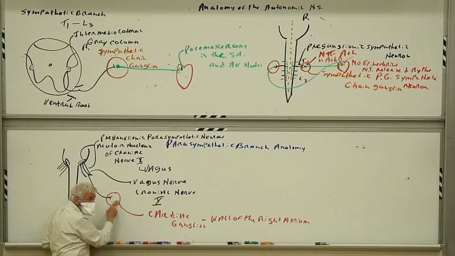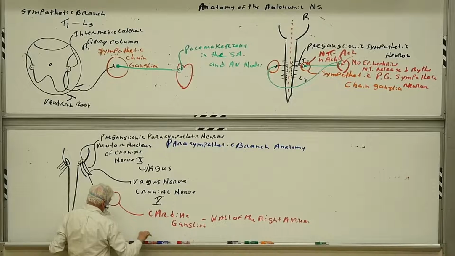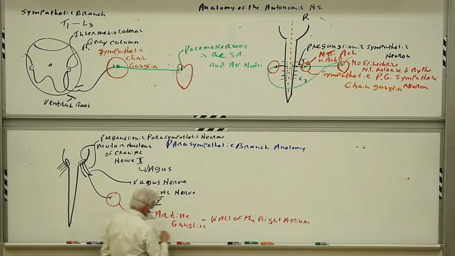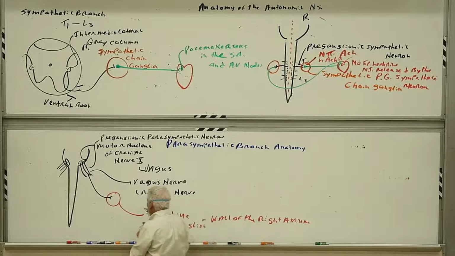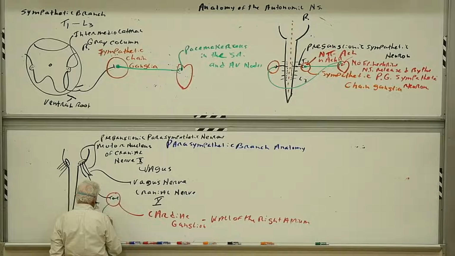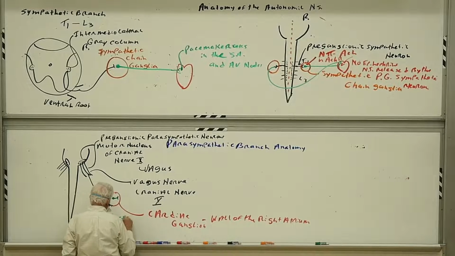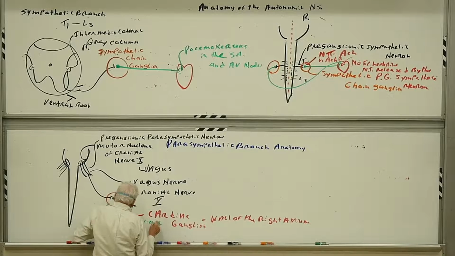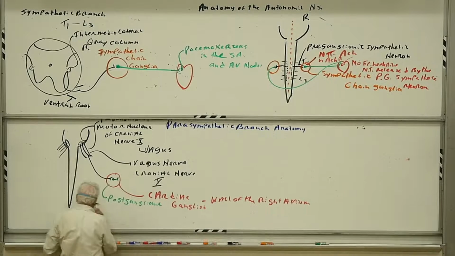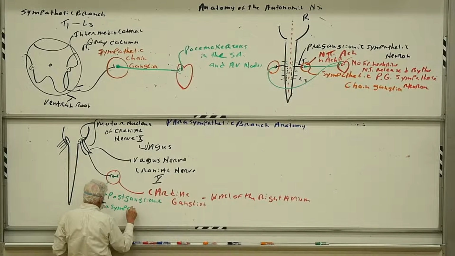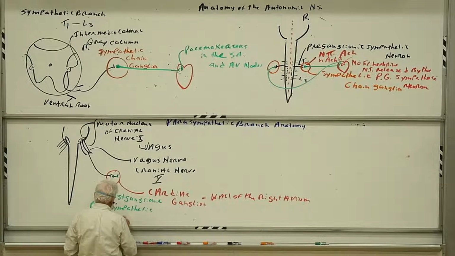There's an interlocutor here, and the interlocutor is going to be, let's use the green one, the postganglionic parasympathetic neurons.